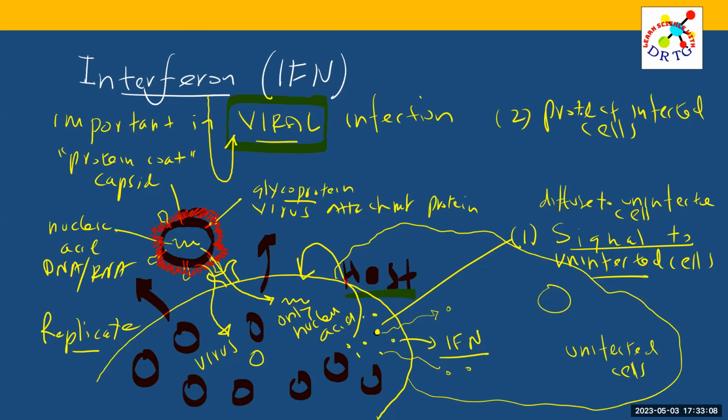These are the two mechanisms we can expect from interferon. Number one is, I think, one of the important things, because the cell is not infected yet. It gives a signal to the uninfected cells to prepare for the situation of virus attack. And infected cells, it still tries to protect from dying from the virus attack.